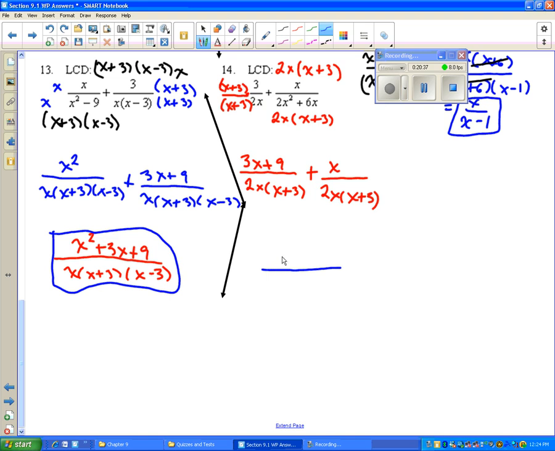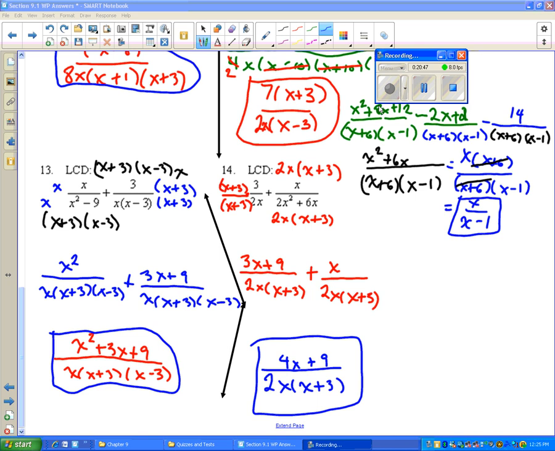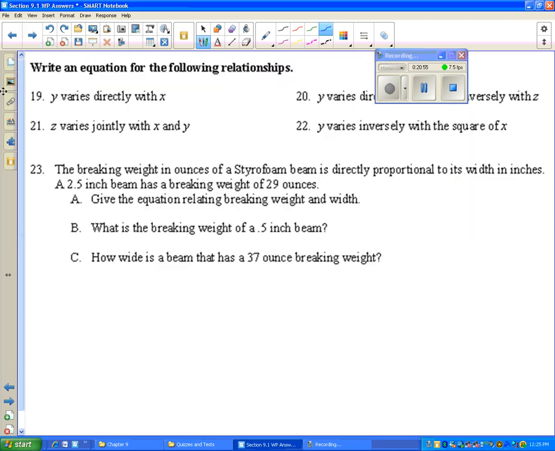Combine like terms. 3x plus x is 4x plus 9 over 2x times x plus 3. That should be and is my final answer. Numbers 15, 16, 17, and 18 are repeats from other pages, so you can go back and look at those answers. I'm not going to work them out. If you need to work them out more than once, you're welcome to, but you already have the answers in my work for working them out.